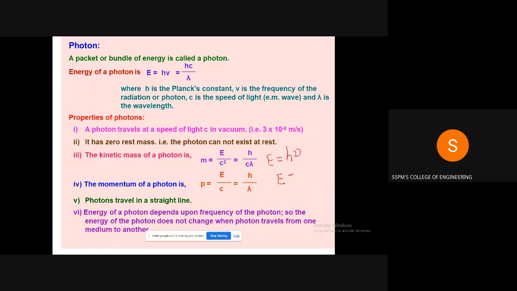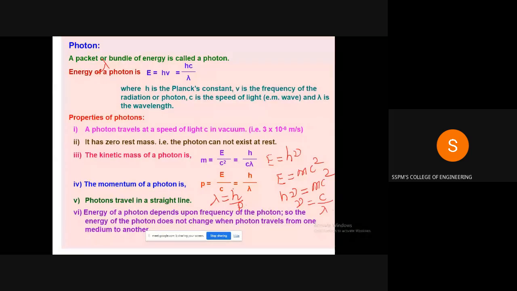So h nu equals mc square, but nu equals c upon lambda, so we substitute here. The momentum p equals E by c equals h upon lambda, so lambda equals h upon p, and p equals h by lambda.